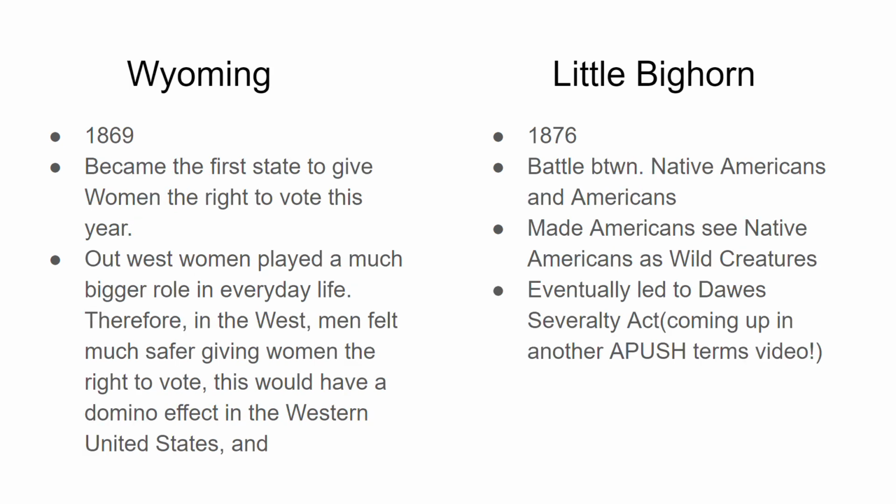We're gonna go, okay, so these are the last two. We got Wyoming, and this one is specific for the women's suffrage movement. In 1869, they became the first state to give women the right to vote, and this was because women played a much bigger role in everyday life.